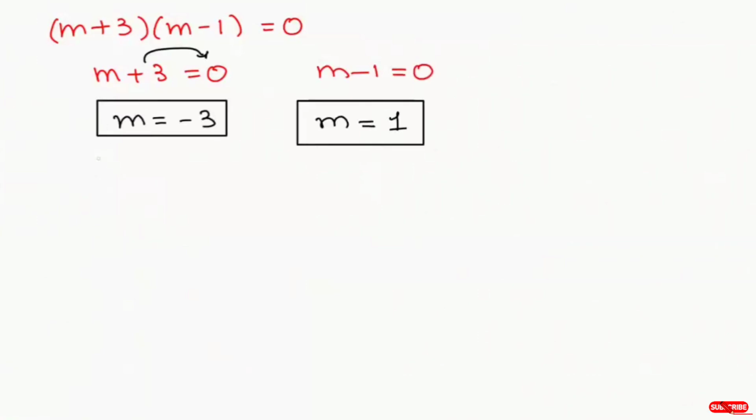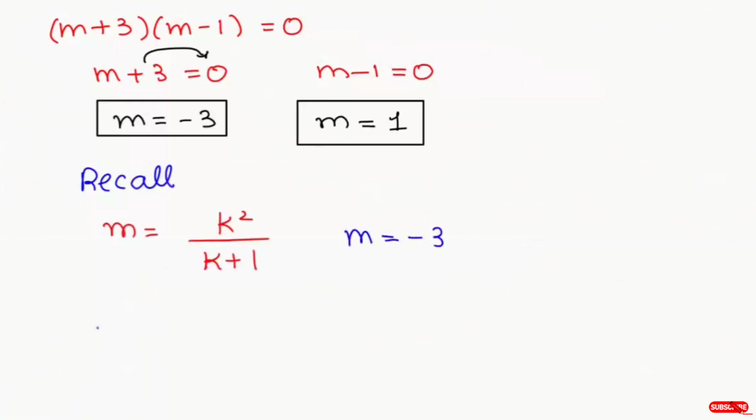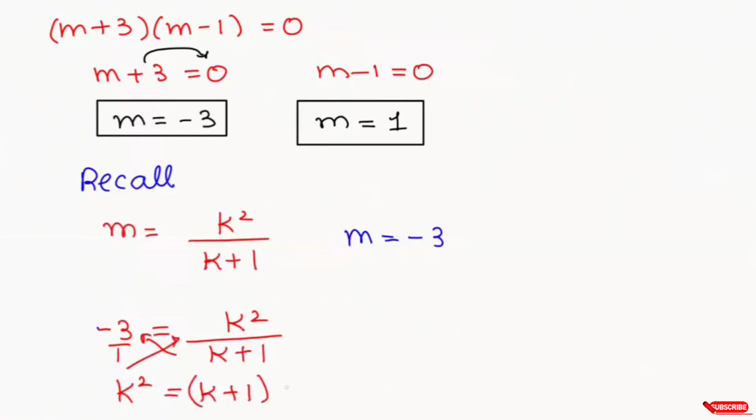Now I'm going to recall that m is equal to k square over k plus 1. First I am going to solve this equation for m is equal to minus 3. So I write minus 3 is equal to k square over k plus 1. Now I'm going to do the cross multiplication, so this will turn to k square is equal to k plus 1 times minus 3.